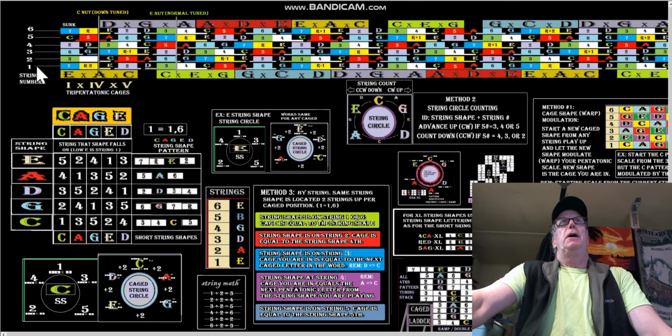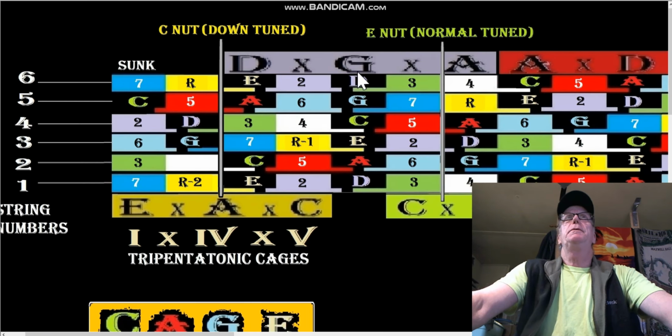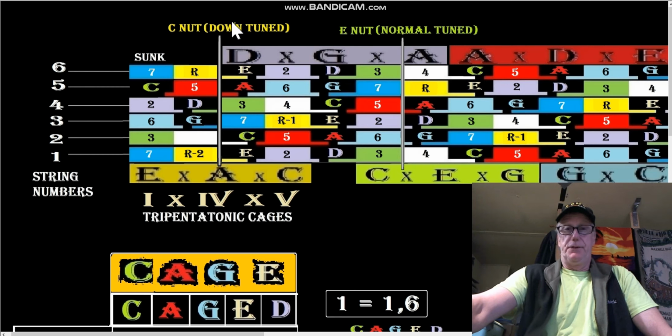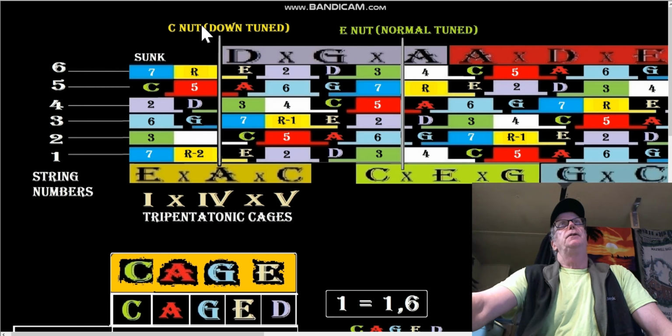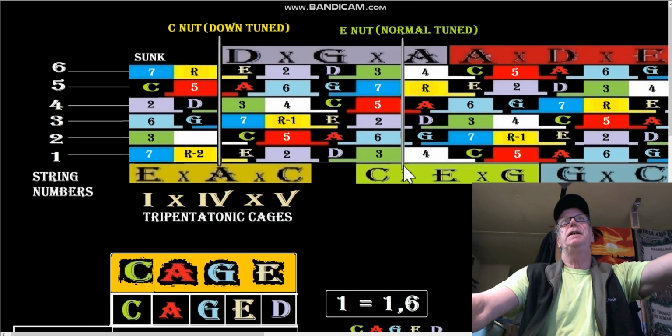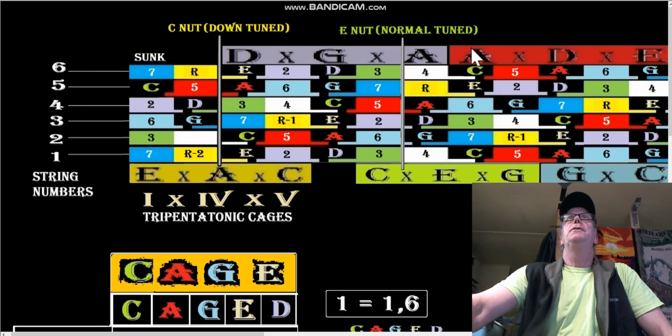So let's first talk about the string numbers. Like I was saying before, my guitar is down tuned to C, so my low note is C. The regular normal guitar tuning is E, like that, so I've got them both covered here. Your guitar is likely tuned right here.